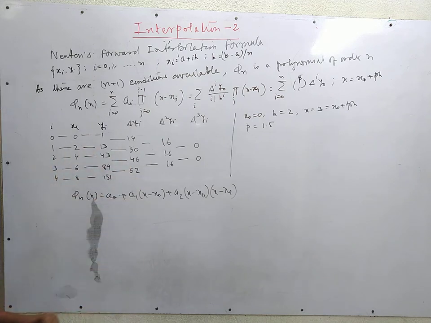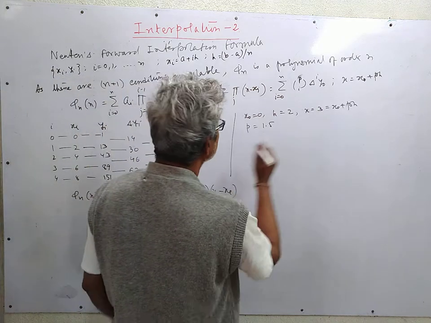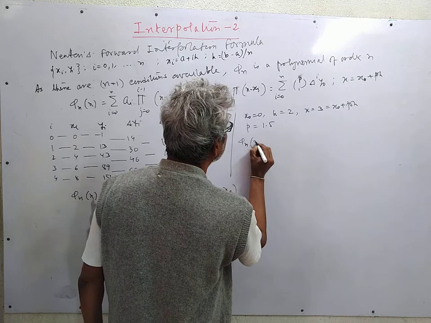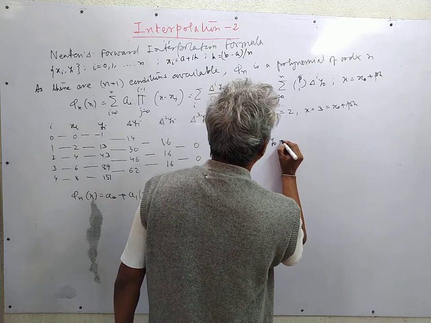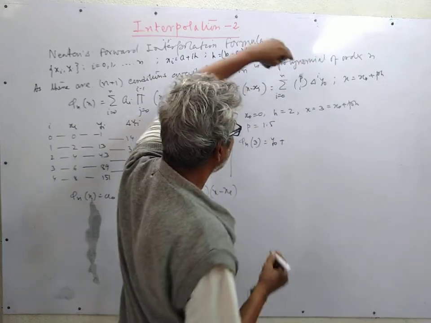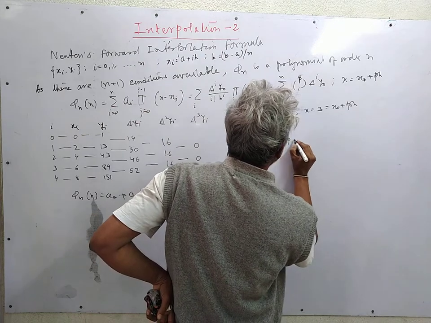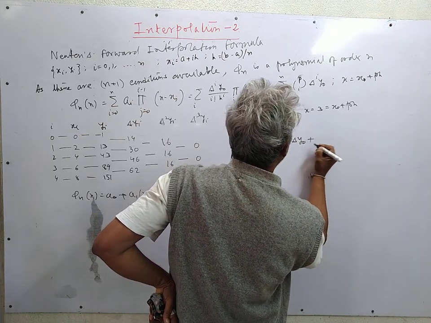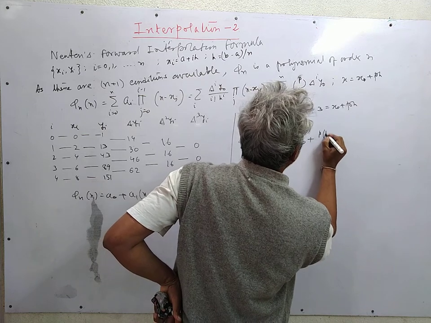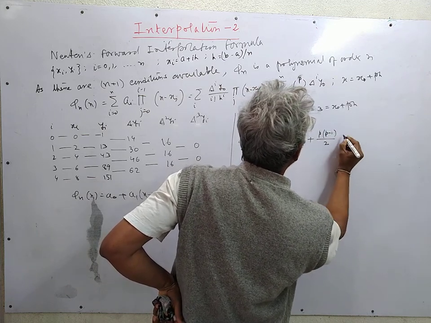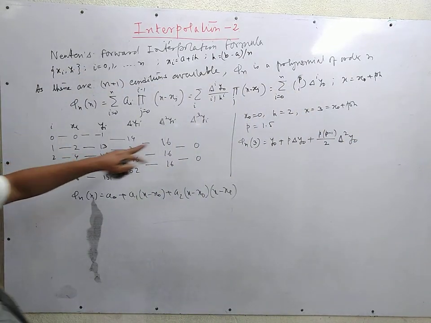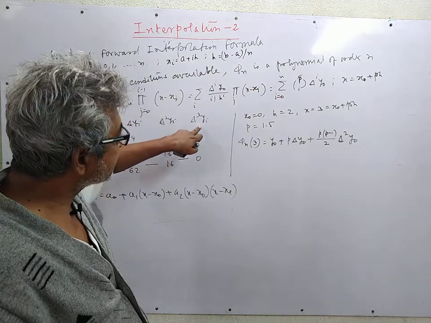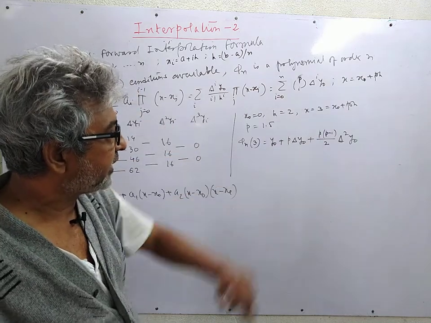And if we are to calculate the value of y at x equal to 3, so phi n at x equal to 3 is equal to y0 plus, I am using this formula, p delta y0 plus p into p minus 1 by factorial 2 delta 2 y0. This data enables us to calculate up to delta 4, but since these are 0, we are not including any more terms.